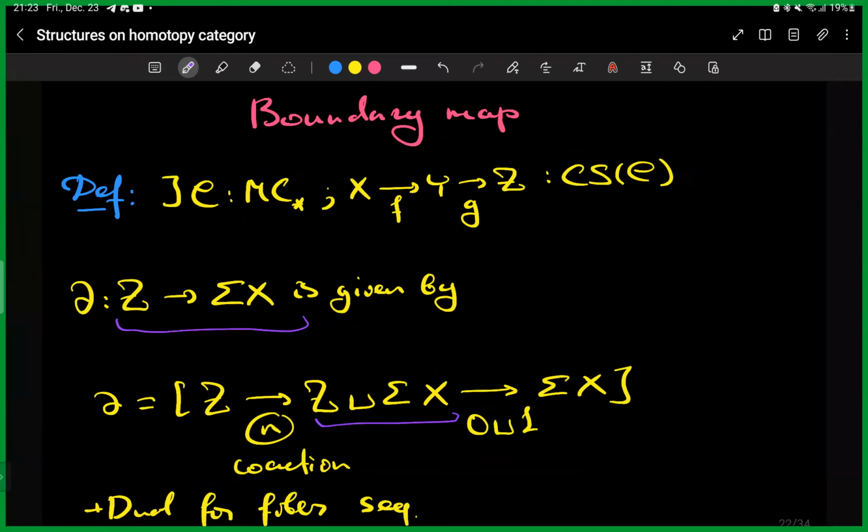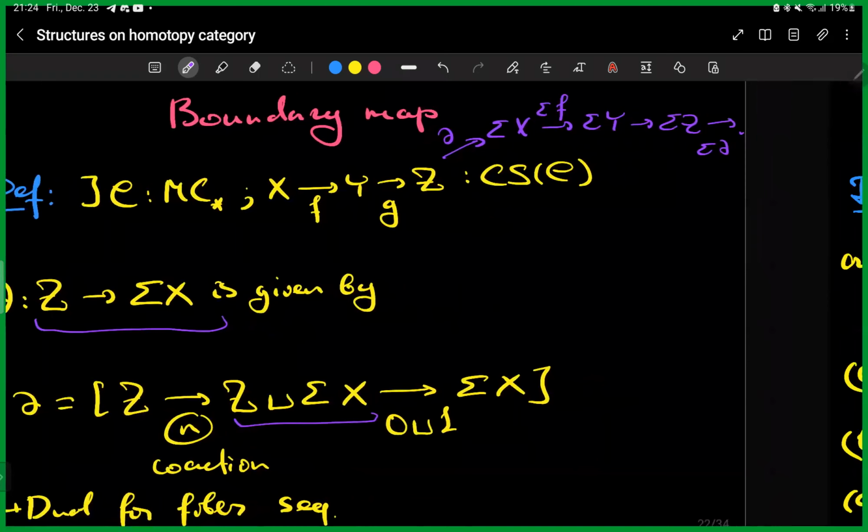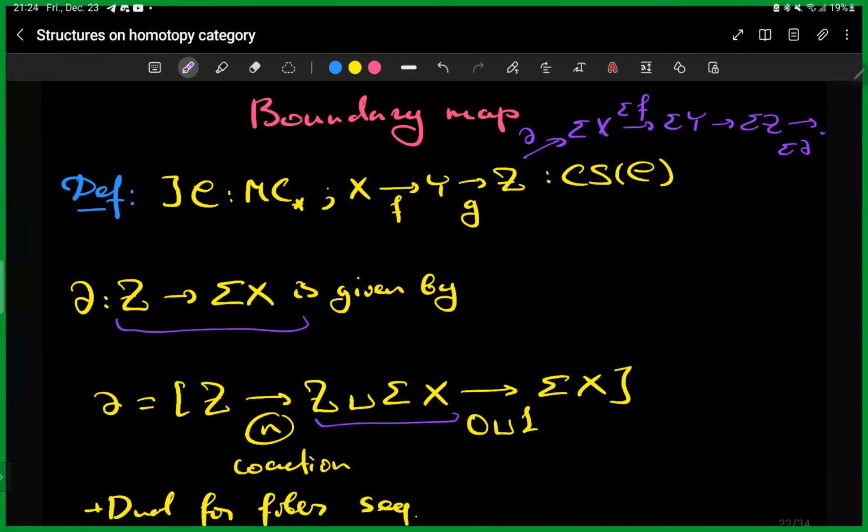This means that we can extend a cofiber sequence by this connecting homomorphism, and then we can apply the functor sigma and get another three terms, and then extend again, and so on. So we actually get an infinite sequence.